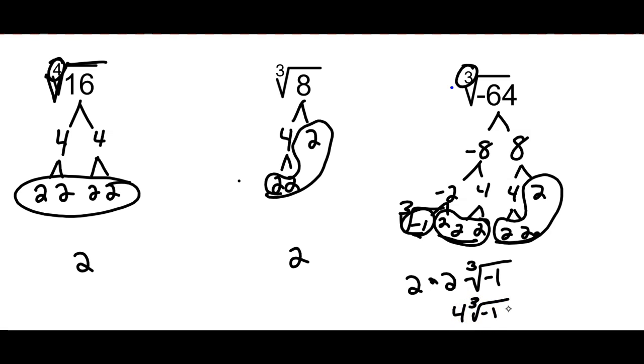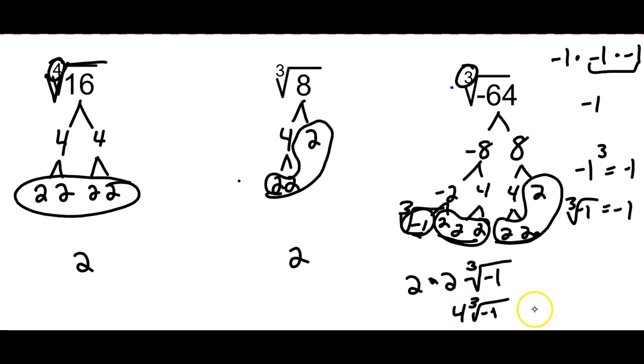But what is the cubic root of negative 1? Think about it: negative 1 times negative 1 times negative 1. That's positive 1 times negative 1, which is negative 1. So negative 1 cubed equals negative 1. Therefore, the cubic root of negative 1 is still negative 1. So this is the same thing as saying 4 times negative 1, which is negative 4. So our cubic root of negative 64 is negative 4.